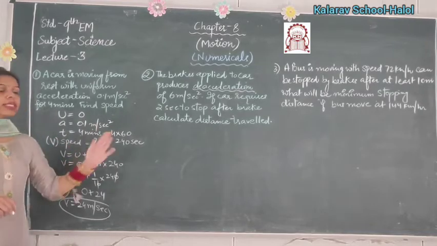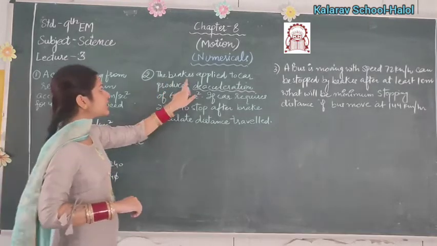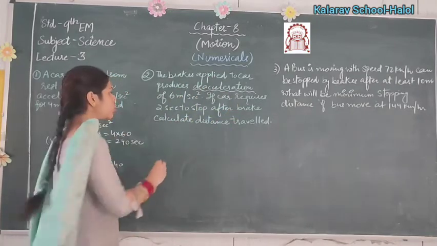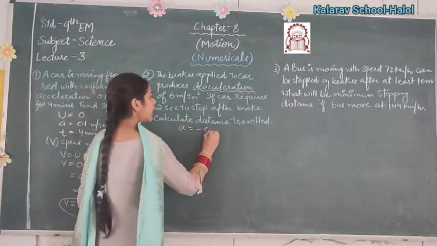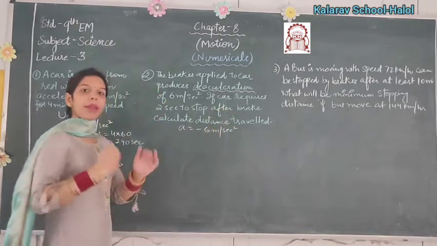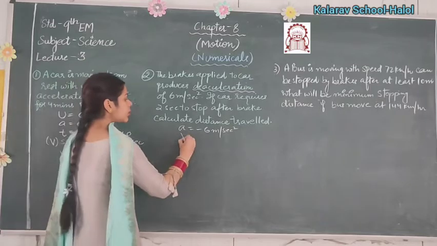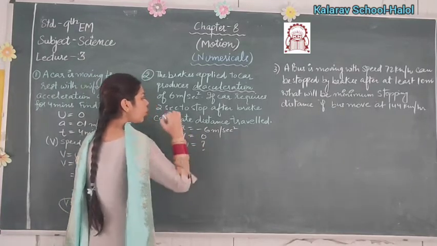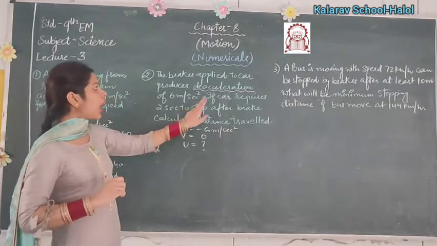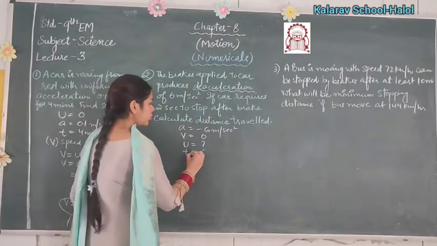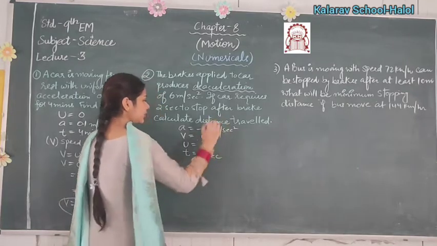So the next numerical is the brake applied to a car produces deceleration. So deceleration means negative acceleration. So brake applied to the car, which means final velocity is 0, initial velocity is not known. If car required 2 seconds to stop, so t is 2 seconds.